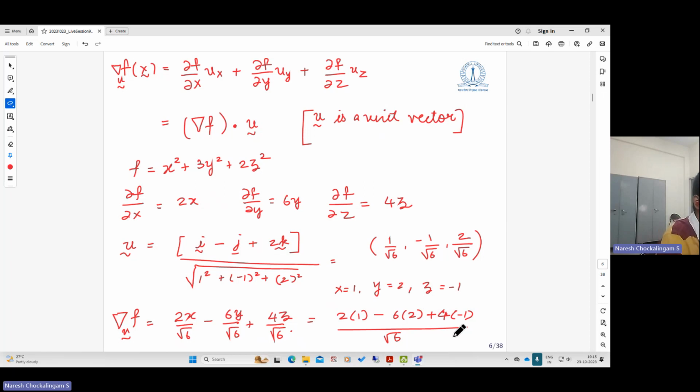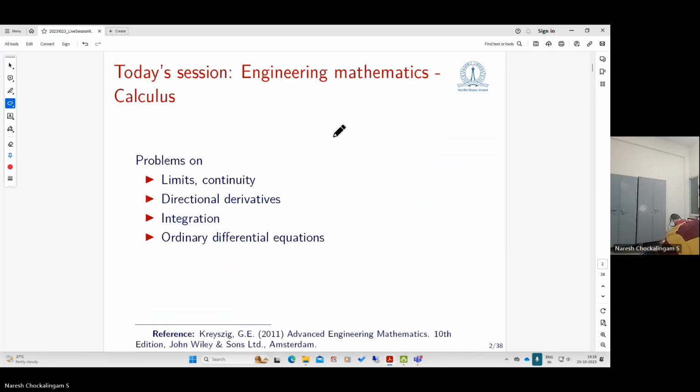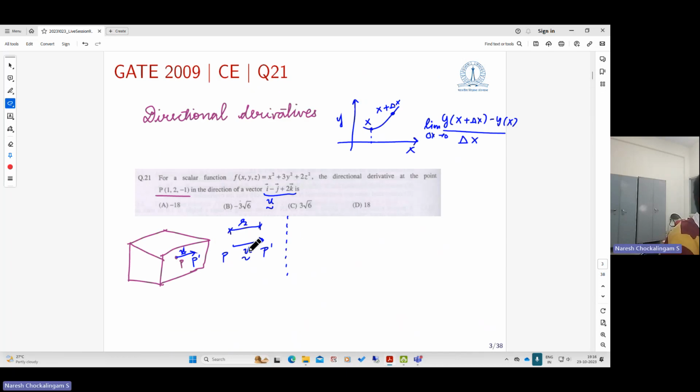So if you evaluate, this comes out to be minus 18 by root 6. What is minus 18 by root 6? Nothing but 3 into 6 by root 6, which is minus 3 square root of 6. So the correct answer is option B, minus 3 square root of 6.